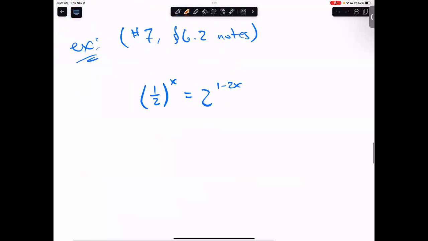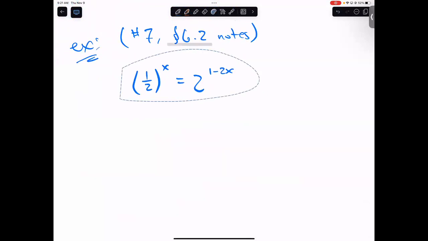This was one of the last few on there, so it's probably a little more involved, just using usual logic stuff, right? I see that there are exponents on both sides of the equation. And the thing I'm solving for, x, shows up on both sides also. Okay, so it's in both places.